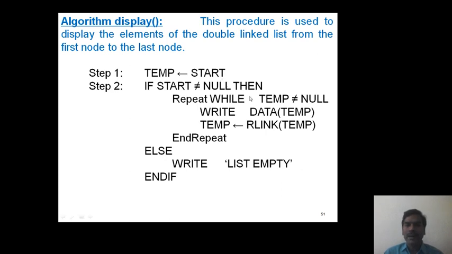Now repeat while temp not equivalent to null, write data part of temp. Now temp equivalent to L-link of temp. So when we apply this process, now the list can be traversed in backward direction. Step 3. Return.